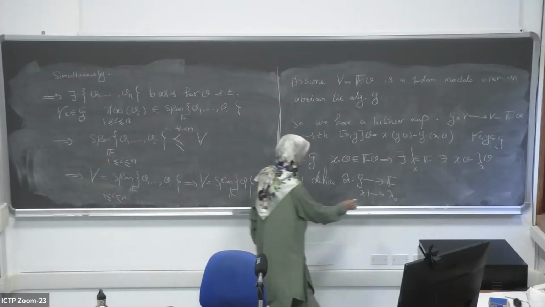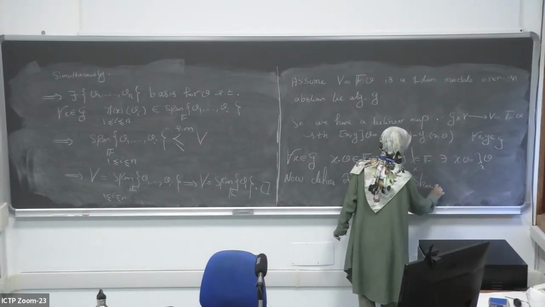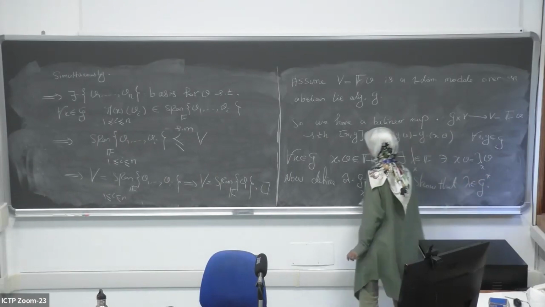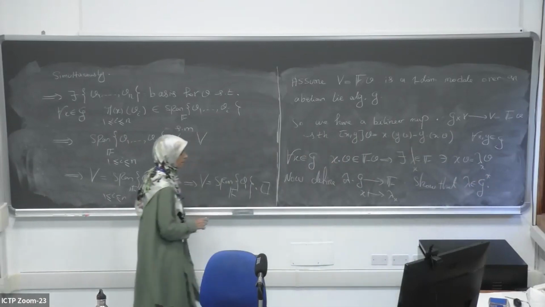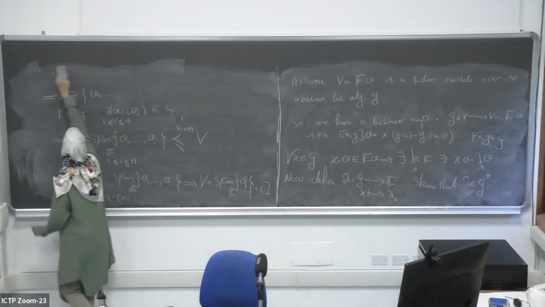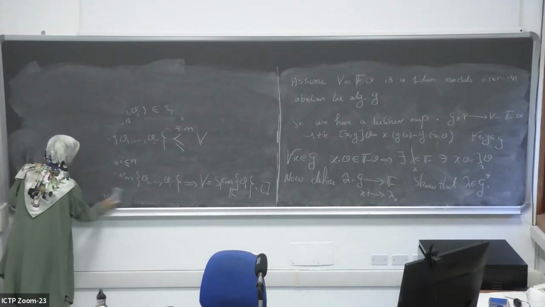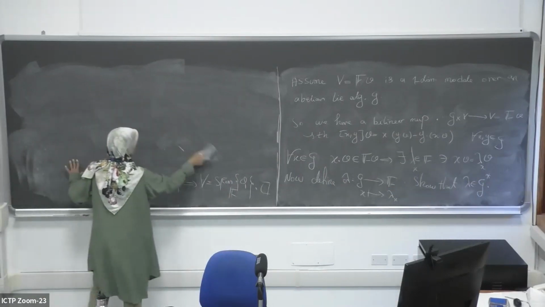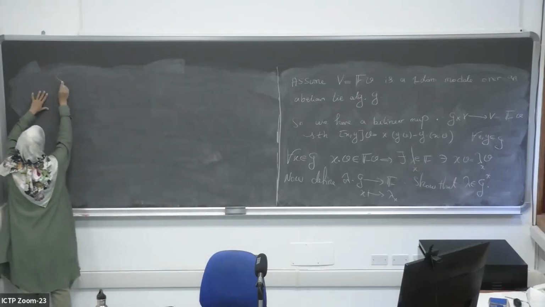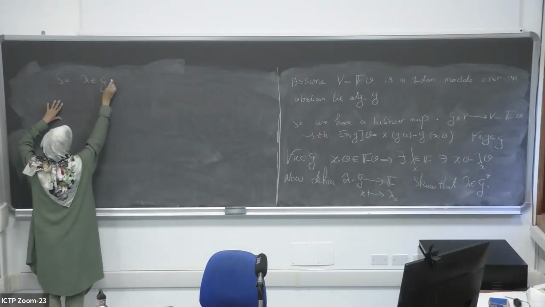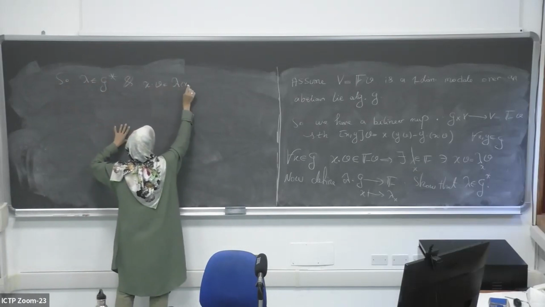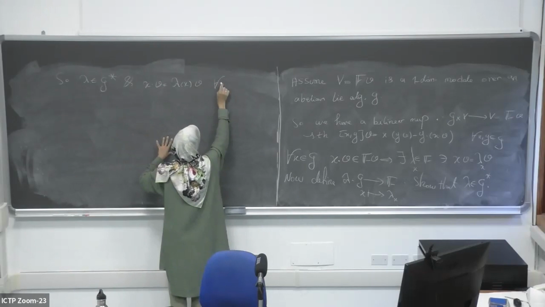It is very easy to see that lambda is a linear functional of G. So lambda is an element of G star, and xv is lambda x v for all x belongs to G.